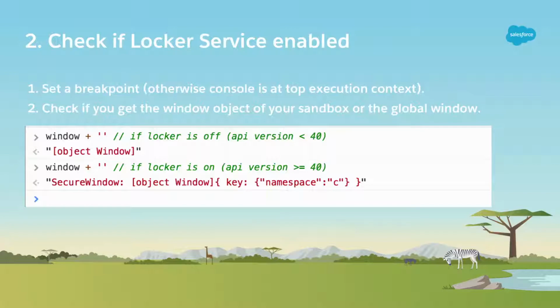Otherwise, you'll see something like secure window with the key being your current namespace where the code is executing. And from that point, you can call every method. You can inspect the window. You can see what is in your sandbox. Document will be the same, it will be sandboxed. If I output document plus empty string, I'm going to see secure document, and so on. So it's a great way to inspect what's going on in your code. All right?